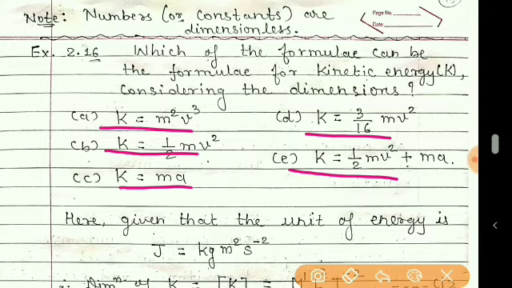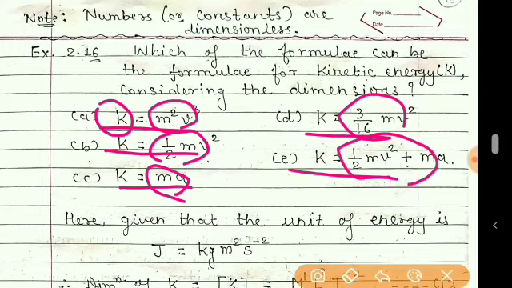So for that what we will do, we will obtain the dimension of kinetic energy K, and also the dimensions of the right hand side terms which are given in each equation, and after obtaining their dimensions we will compare them with that of K. If the dimensions are equal to that of K, then we can say that that equation is dimensionally correct.